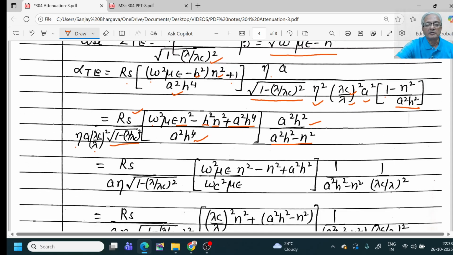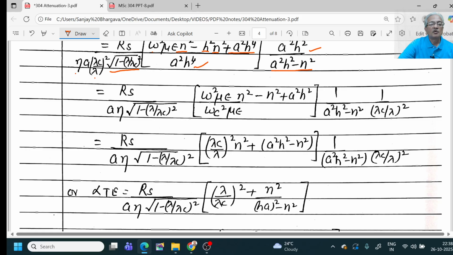Just simplify. On simplification, what we obtain is R_s upon a η under root of 1 minus (λ/λc)², ω²με n² upon ω²με minus n² plus a² h² upon a² h² minus n², 1 upon (λc/λ)².